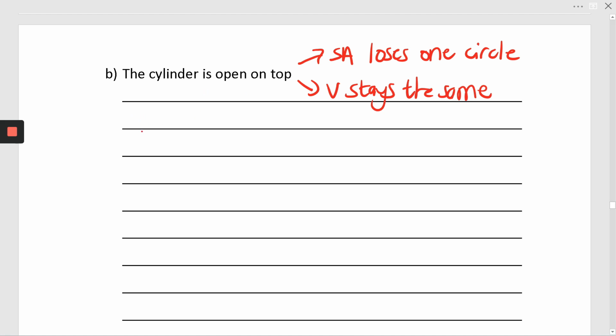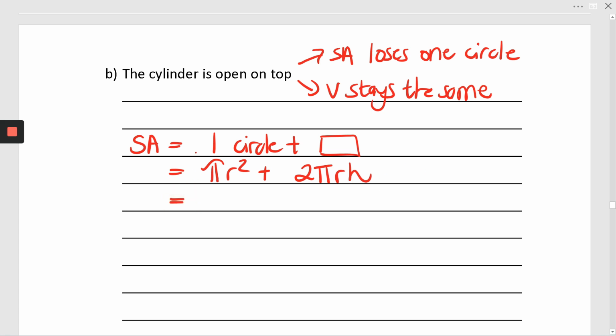Okay, so we could just take the surface area and subtract a circle, but if I do it from scratch, it would look like this. My surface area would just be 1 circle plus the rectangle. So it would be pi r squared plus, so not 2 pi r squared, just the 1, 2 pi r h. Here I'm using a little h. Earlier I used a big one. It doesn't matter at this point.